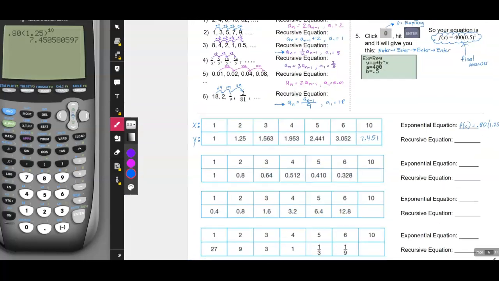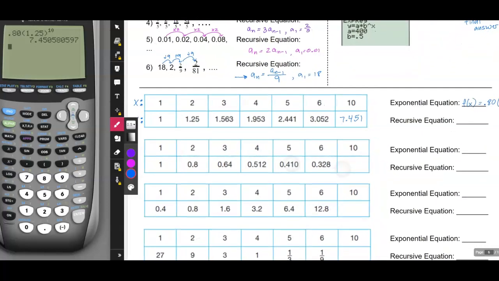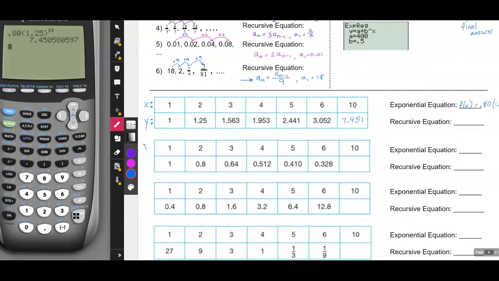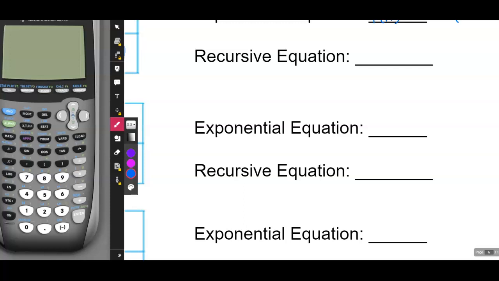You guys try to find the exponential equation for the next one. Go ahead and type these in and find the next exponential equation. Volunteer for what they got for the equation. What was that first A value? 1.25.